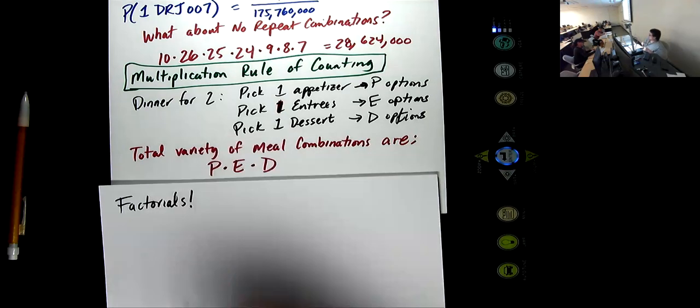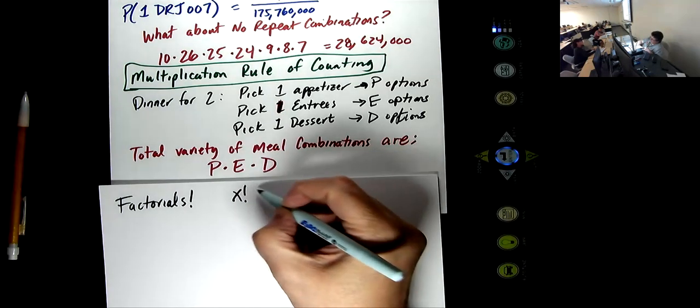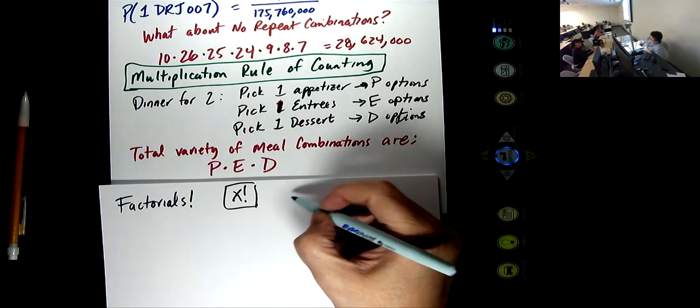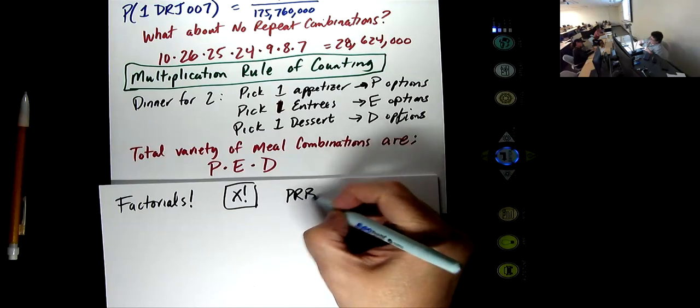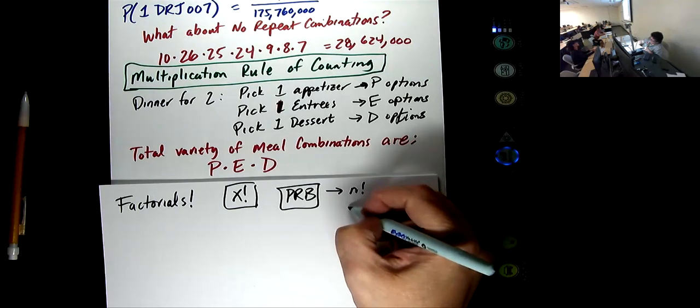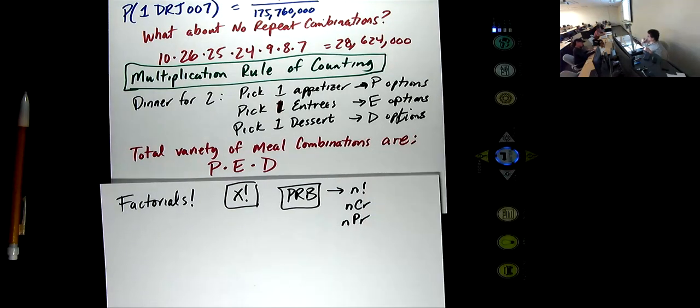They have an exclamation point with them. On a calculator, and I'll show you how to find them later on, you can see them with an x and an exclamation point. Or if you have a PRB button on your calculator, this usually gives 3 options: n factorial, nCr, and nPr. The top one's a factorial.